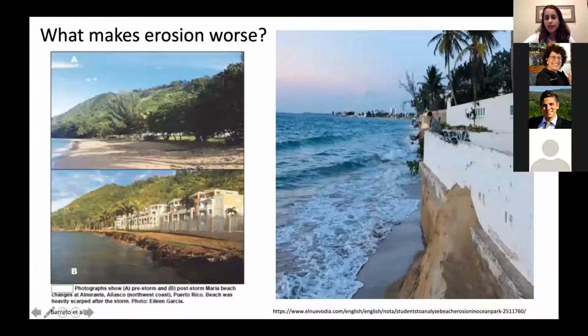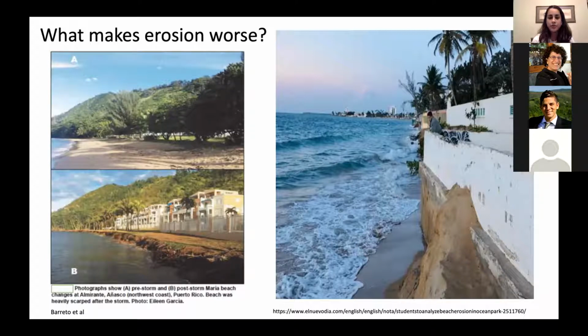So erosion has been a big problem in the last few decades. Erosion rates have been going up in beaches all over the world, and this is due to a few factors. What takes sand away from the beach is waves and tides.